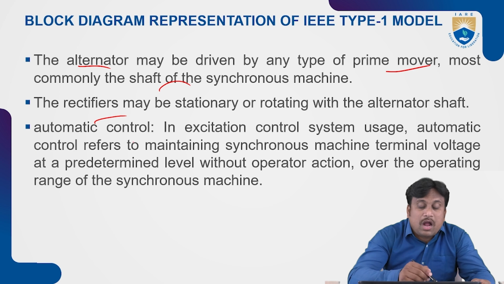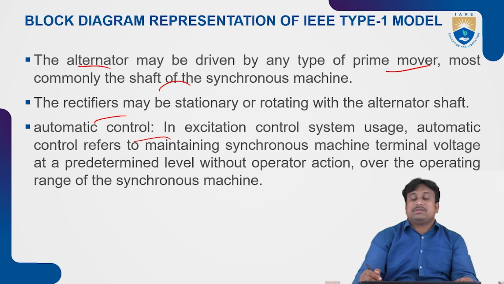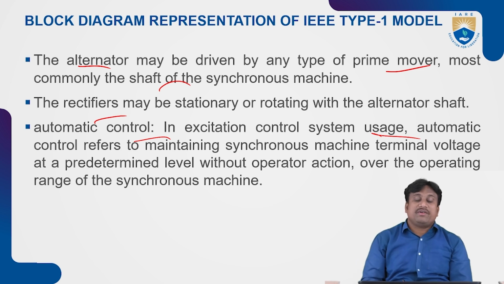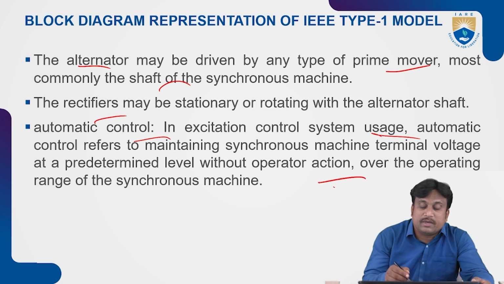That means automatic control is achieved in the excitation control system. As used here, automatic control refers to maintaining the synchronous machine terminal voltage at a given voltage level without operator actions over the operating range of the synchronous machine.